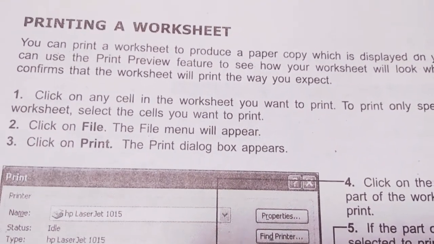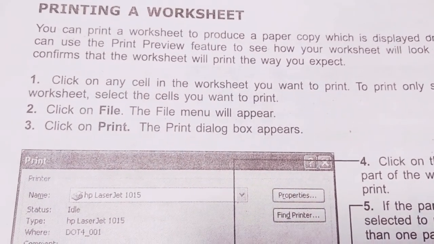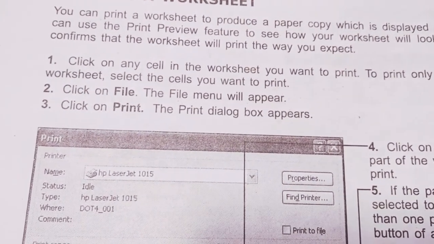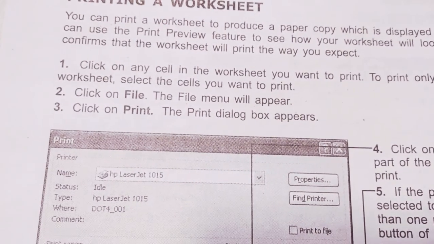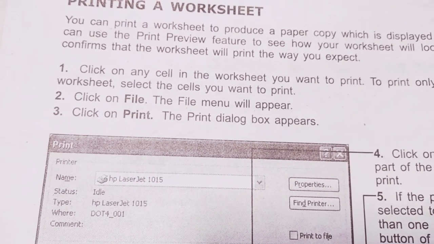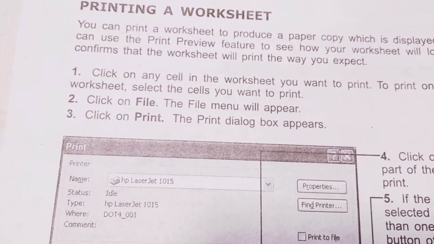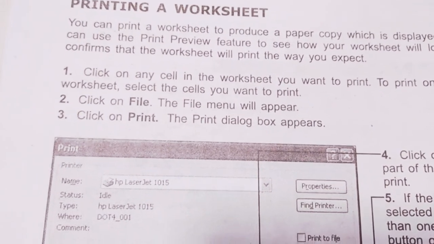First we should click on the print preview option, and after that we ensure that our worksheet is clear for print. So we click on the print button. Follow the steps.